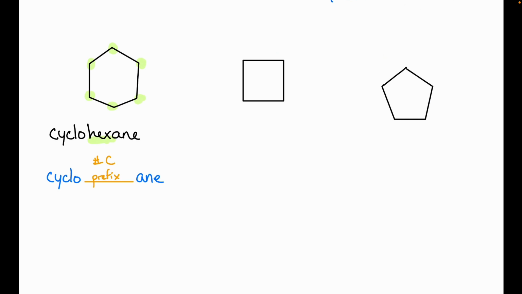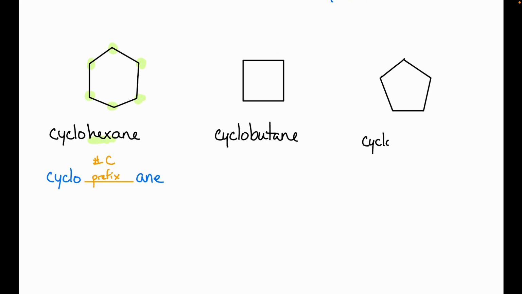What would that square be called? Cyclobutane. All right, 4 carbons is that prefix but, so cyclobutane. And lastly, the 5 carbon ring, cyclopentane.